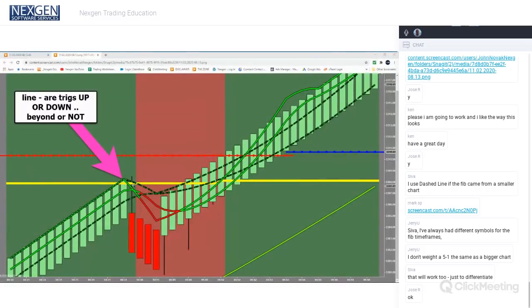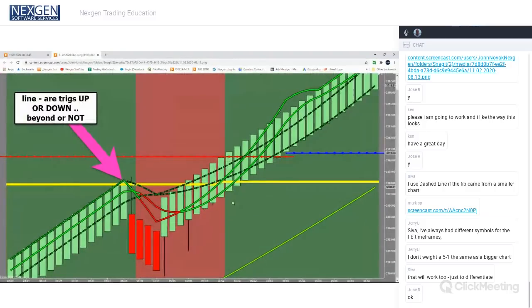Now, when you look at a line, you're going to ask yourself the same two questions every time. If price hits a line, you ask whether the triggers are crossed up or down.